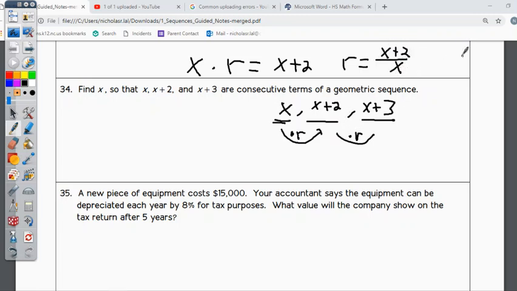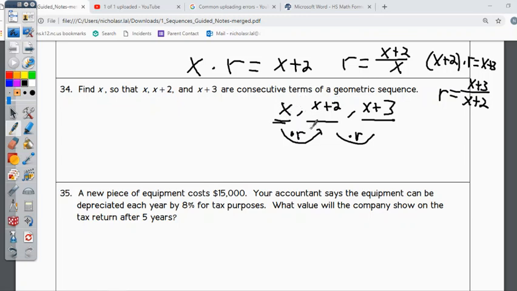Once again, if x plus 2 times r equals x plus 3, then x plus 3 over x plus 2 equals r. The property of any geometric sequence is that you can take one term and divide it by the previous term to get r.